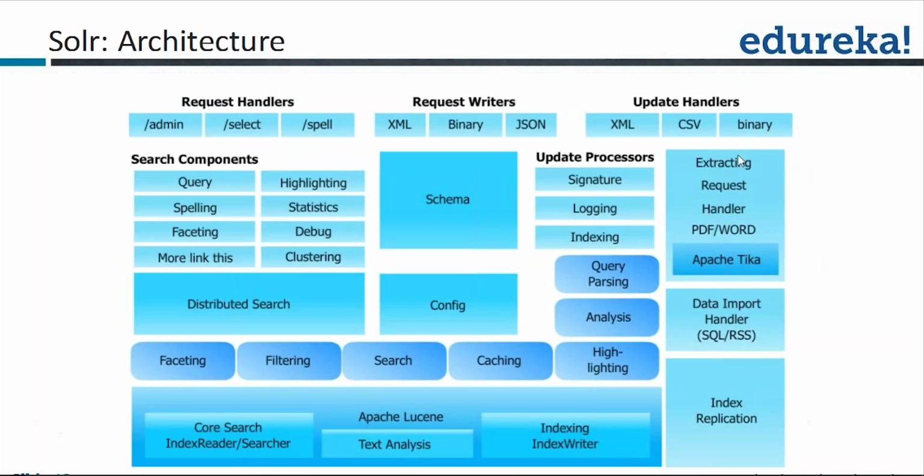Yeah, that's right. So we come down to Solr's architecture here. This is what I was talking about, Anita, when I said that the huge, majority chunk is occupied by Apache Lucene. All the core searching, index reading and searching capabilities, along with the analysis capabilities and the indexing and index writer capabilities, are all rendered to Solr from Apache Lucene.